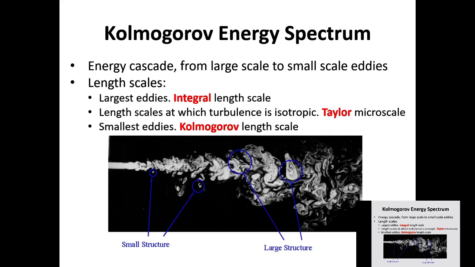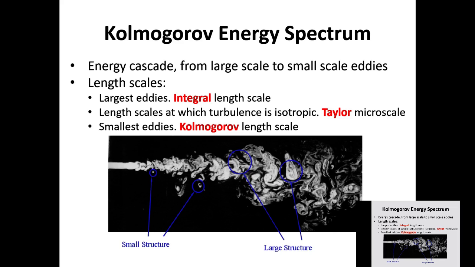Now this smallest eddy size is given a name, called the Kolmogorov length scale. That is the size of the smallest eddy that you look at in CFD normally.